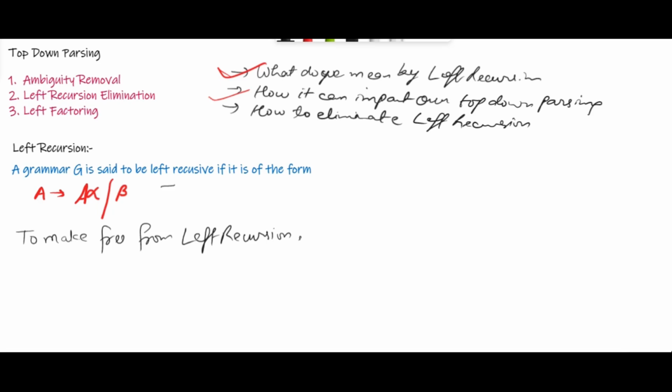In place of these two productions, we can add a new production with a new non-terminal symbol. Like this, A is deriving beta A dash. Here we are introducing a new symbol A dash, and then this A dash will derive alpha followed by A dash, and at the end we terminate this A dash with the null symbol or empty symbol. This is the replacement of the left recursive grammar.